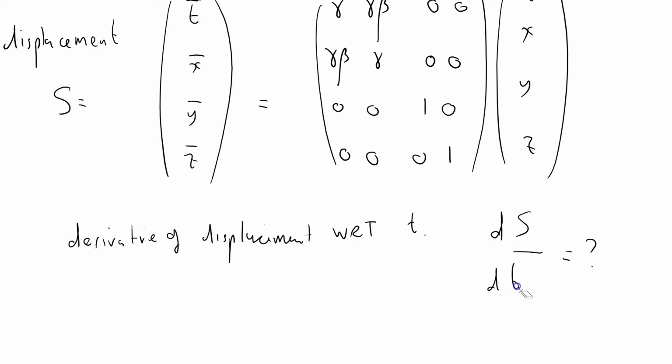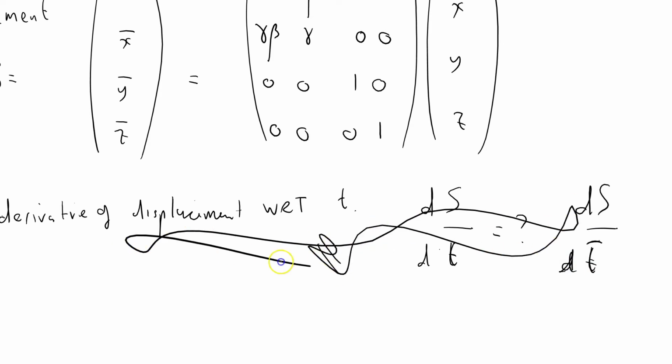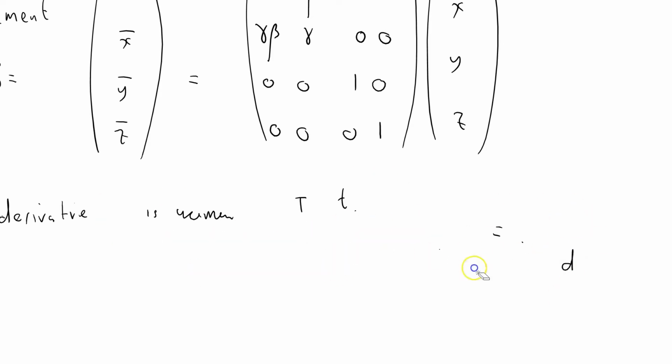Well, that's not really defined, because there's no way to choose t as opposed to t bar. So that's no good. We're going to have to start thinking a little bit more relativistically here.